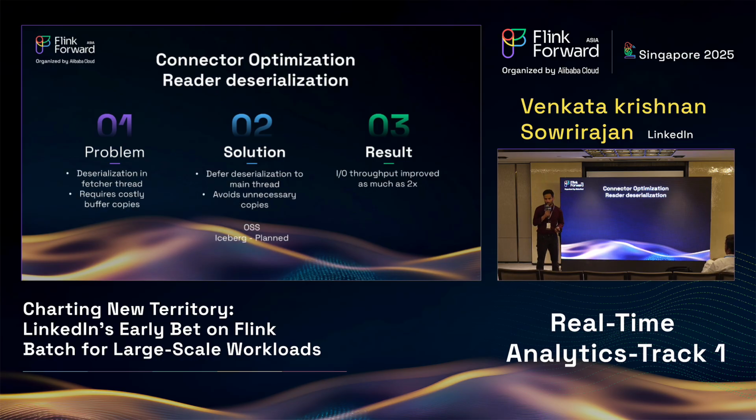So far we saw the optimizations done at the Flink SQL layer and the connector layer, but we still saw IO throughput bottlenecks, mainly on the connector layer. In this case, it's mainly due to the Iceberg connector design.